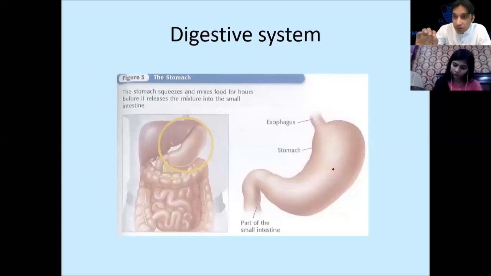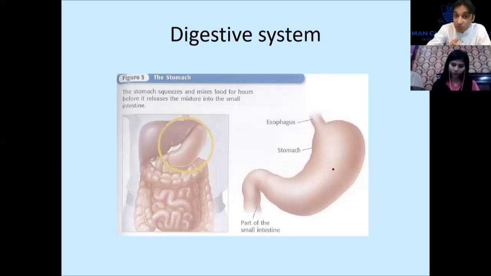If trypsin is responsible for the digestion of protein, then the cells which are producing trypsin, and the ducts which are transporting the trypsin, should be digested and destroyed as well, because cells and ducts are all made up of proteins.